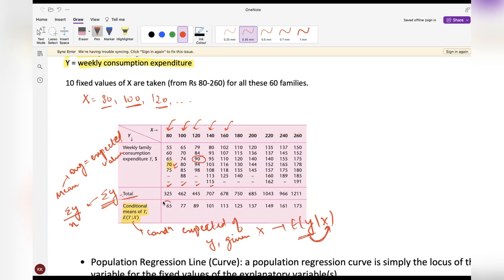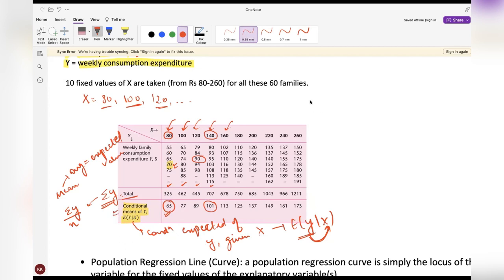So in this case, the average of weekly consumption expenditure is 65, given that the weekly income of families was 80. The average weekly consumption expenditure of households was 101, given that weekly income of households was 140. So that is why we have conditional mean of Y in this case.